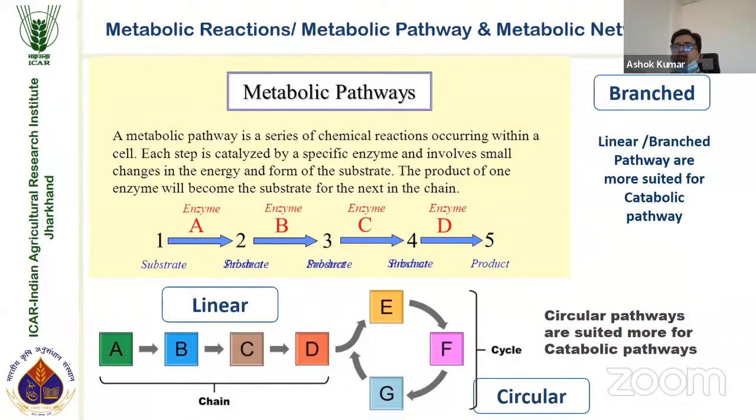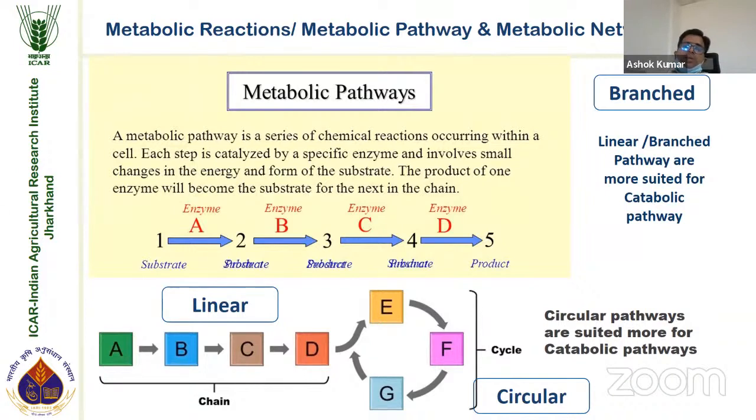Circularity of the process has several advantages. One of the advantages is that all the intermediates will be consumed within the circle only. Siphoning of the intermediates from a circular pathway is difficult. You can feed the pathway, but siphoning requires several stringent regulations.